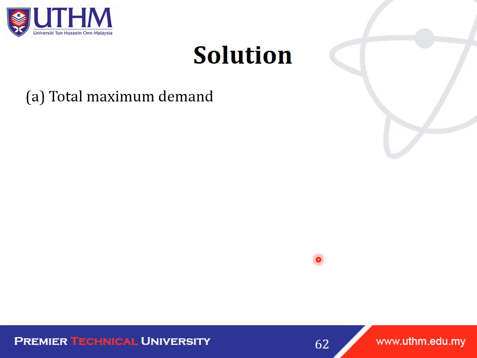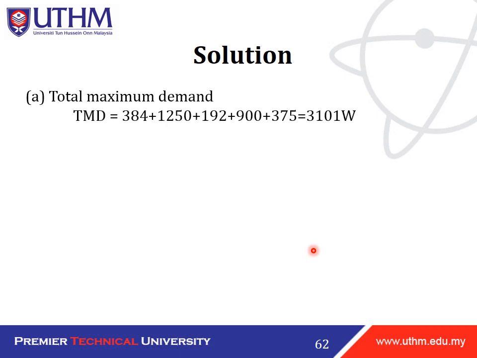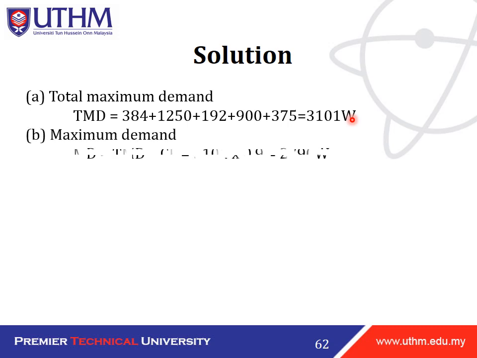Okay, now we move to the solution. So the question was asking what is the total maximum demand. So the total maximum demand is the sum of the maximum demand of each appliance. So from the table we got 3101 watts.